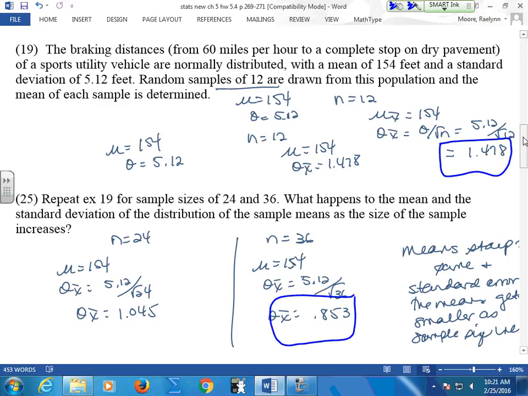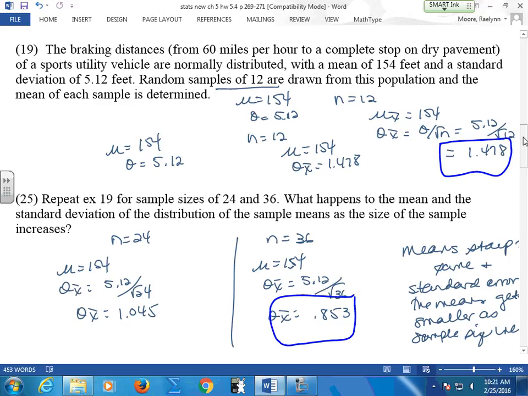We can see that. As we get a higher sample, we get a little bit more exact in our measurements. So the means are going to stay the same, but as the sample size gets larger, the standard deviation gets smaller. You okay with these? Kind of basic.